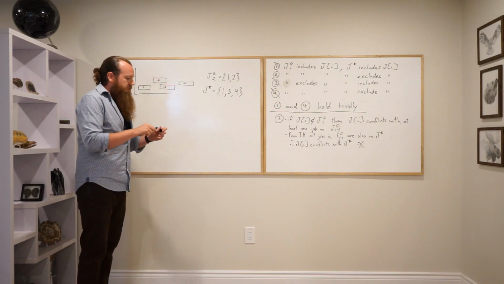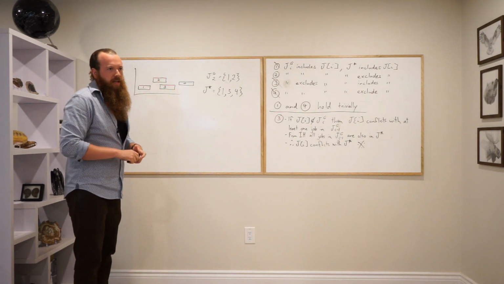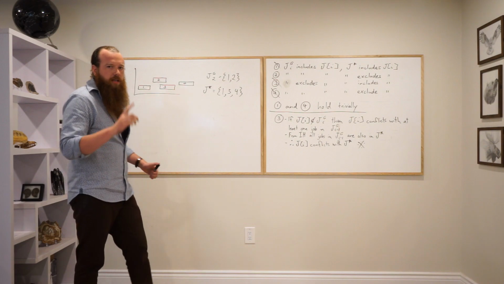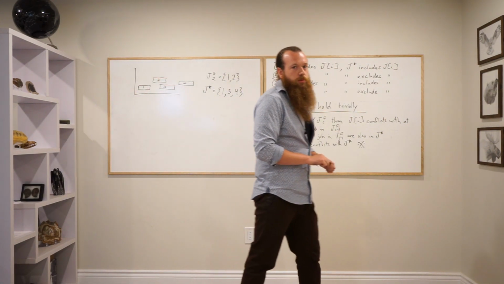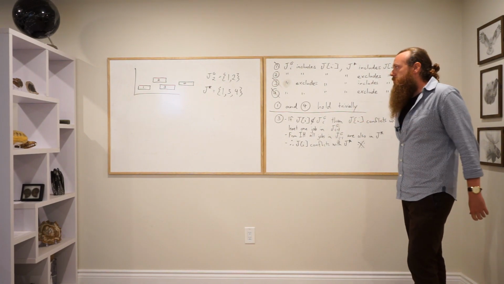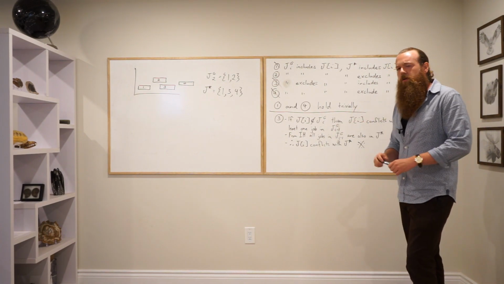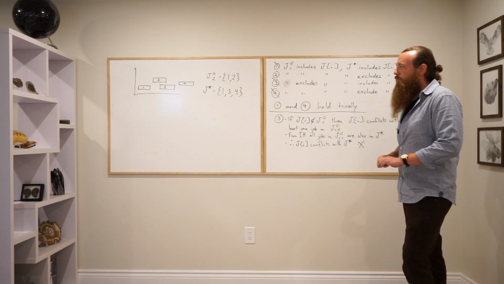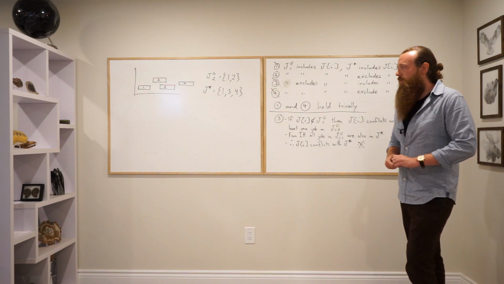But when I talk about J star, I've always been saying a optimal solution or an optimal solution. I've never been saying the optimal solution or the maximal set with no conflicts. Why? Well, there can be many, many optimal solutions for the same problem instance.